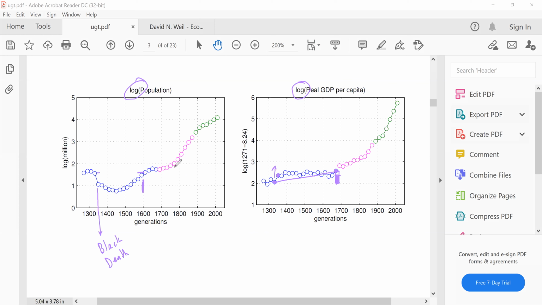Now, at this point, the post-Malthusian regime starts, the pink one. Why? Because after that point, there is no population crisis. Malthusian regimes are typically characterized by population crisis, such as this one.